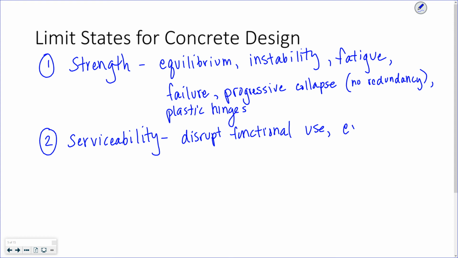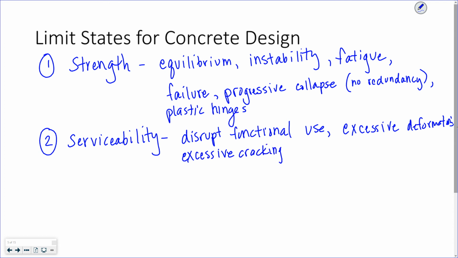Examples are like excessive deformation, excessive cracking, especially in concrete.